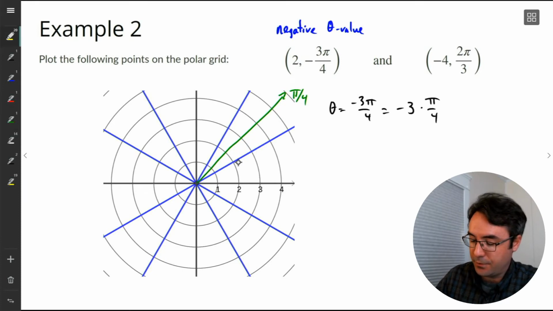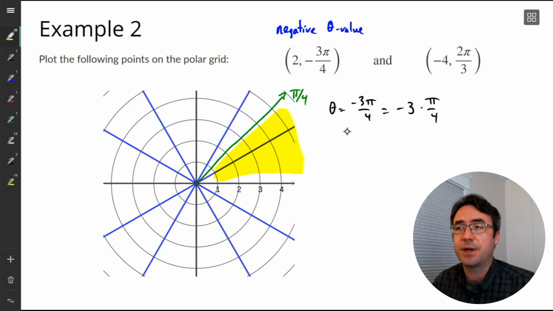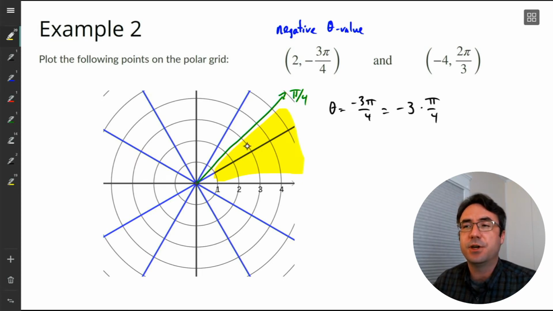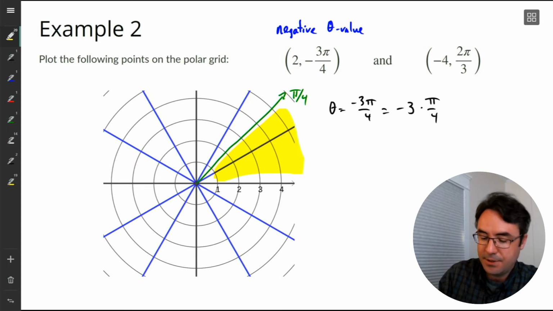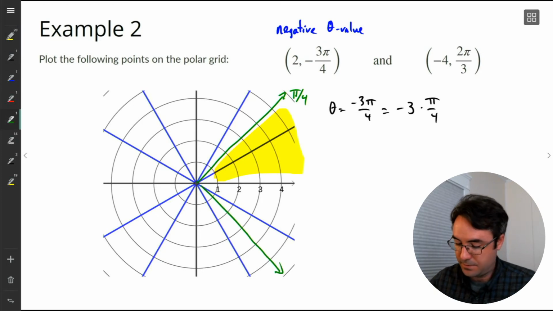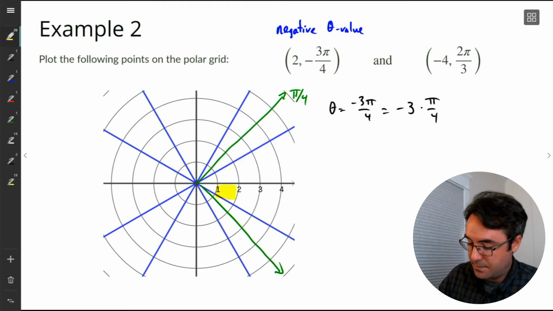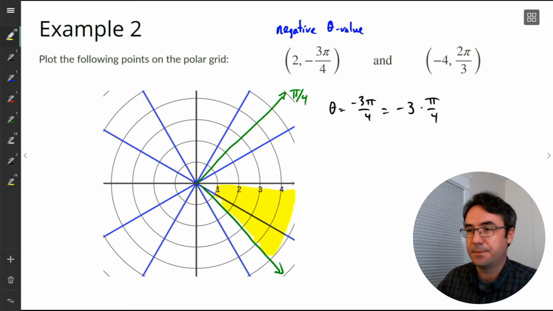So if we were going to do a pi over 4 rotation in the positive direction, that would give us this wedge right here, starting at the polar axis going counterclockwise. We don't want to go in the positive direction, we want to go in the negative direction. So instead, we're going to start at the polar axis, but we're going to go clockwise. So that's going to give us this wedge right here. So this would be negative pi over 4.